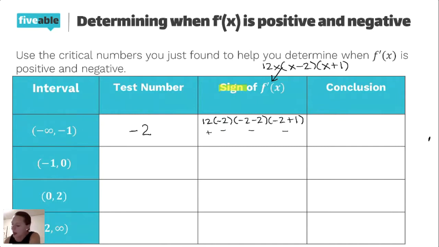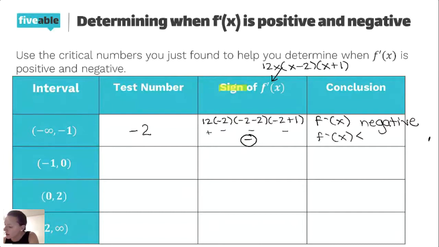It would give me a negative. So my conclusion is that f prime of x in this interval, negative infinity to negative 1, is negative. Notation-wise, we could also write this as f prime of x is less than 0. That means the same thing. Less than 0 means that it's negative.